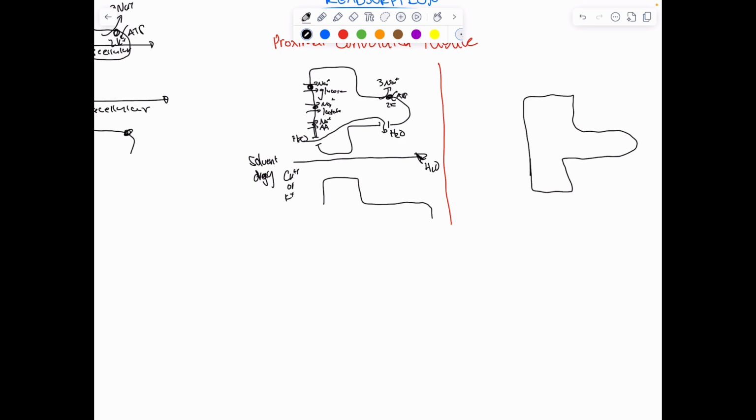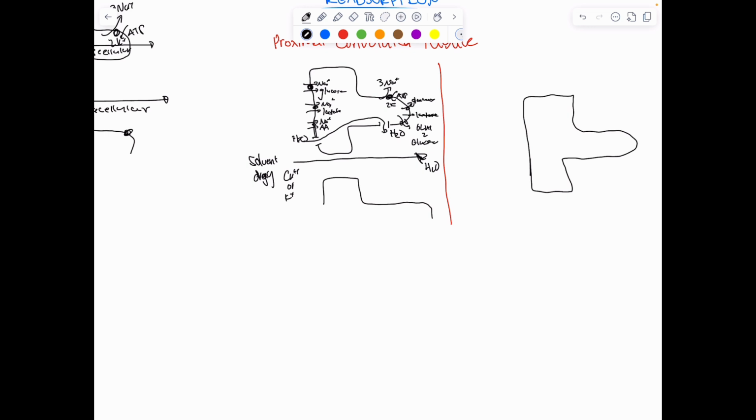And so to get it back out of the cell, we'll have lactate, and then we're going to have this, I see it's already getting messy, this GLUT2 transporter for glucose as well.